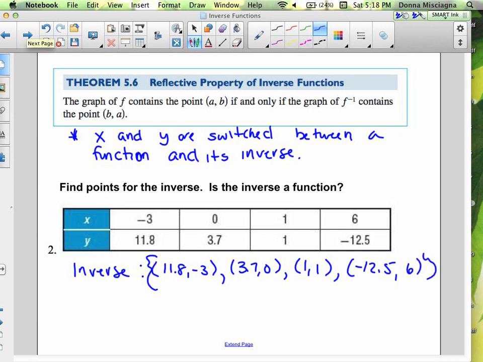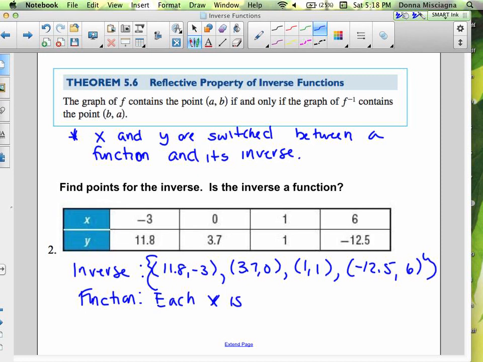All right, and let's check if this is a relation or a function. Given 11.8, I go to negative 3. Given 3.7, I go to 0. Given 1, I go to 1. Given negative 12.5, I go to 6. Notice no x value appears more than once. So this is a function. Each x is paired with one and only one y.